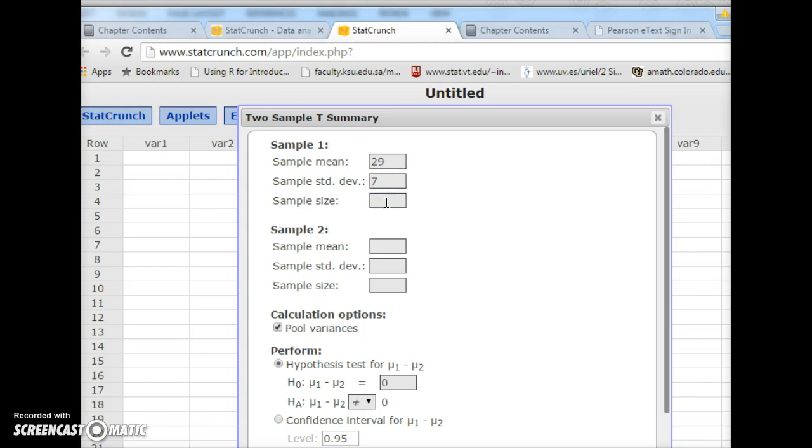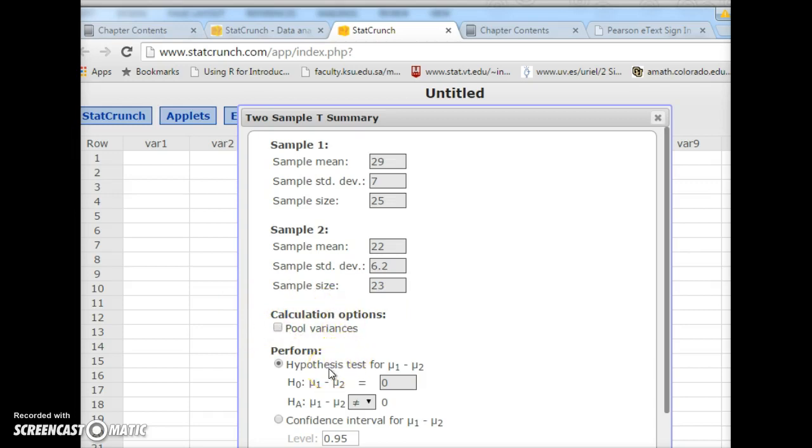Our sample size was 25. And for sample 2, that's the 12th graders, our sample mean was 22, sample standard deviation was 6.2, and our sample size was 23. And remember here, we never want to pool the variances, so always uncheck this.